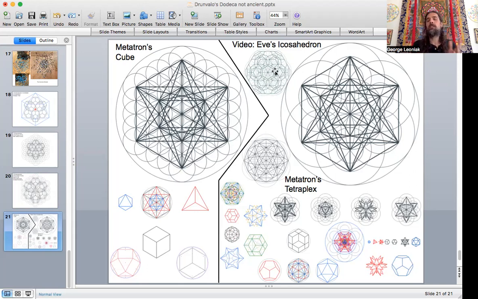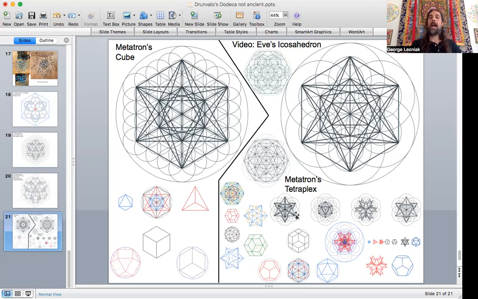This is what I call this, and this is why I called this Eve's icosahedron back then, because this nature component of the phi ratio, these little imperfections of life that we're introducing into this with the phi ratio, are actually the thing that is giving us the creative driving force of life, and that helps it evolve with that icosahedron and dodecahedron.